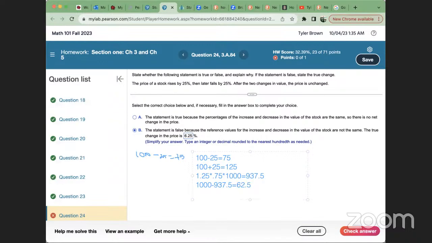Right? So then 62.5 divided by 1,000 equals 0.0625.